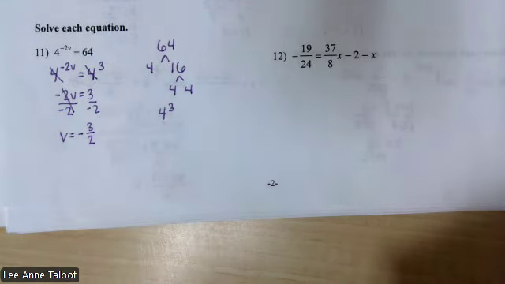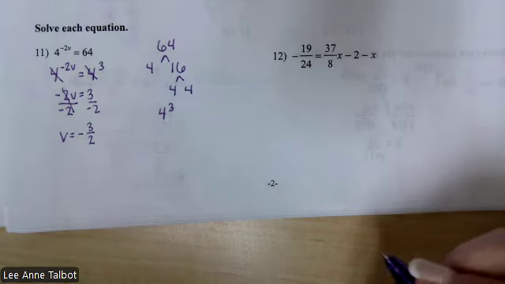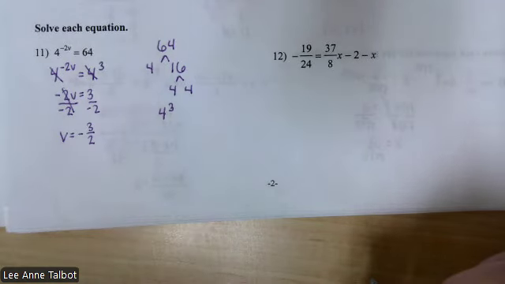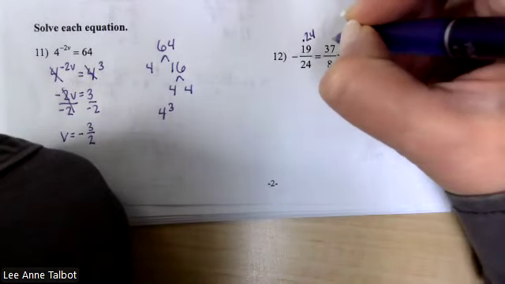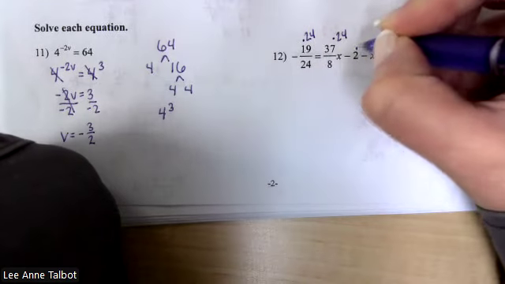Okay, last one, number 12. What's the least common denominator in this problem? 24. Remember, they have to go into it, not what goes into them.